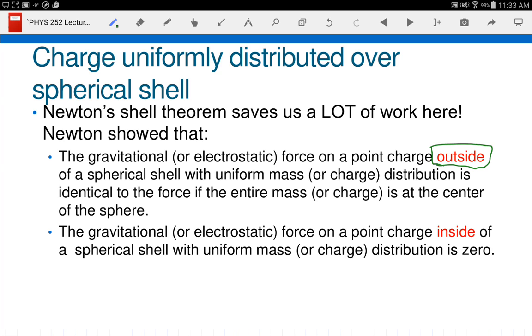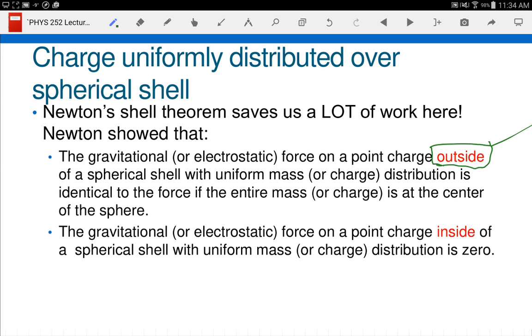That means that any uniform sphere, that's any sphere where the charge density is only a function of radius, you could break it up into a whole bunch of spheres, each one being of negligible thickness but a different charge density, and take the charge on each one of those little shells and say, okay, it's equivalent to that being at the center, and you end up with the result. As long as you have a uniform spherical distribution of charge, you can treat it as if all of the charge is at the center if you are outside of that charge.